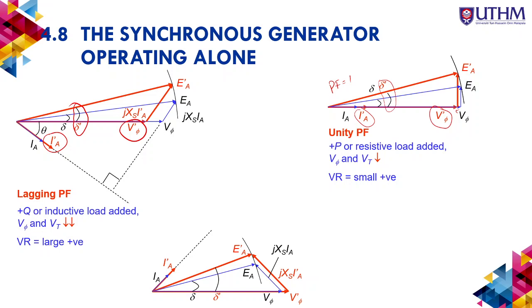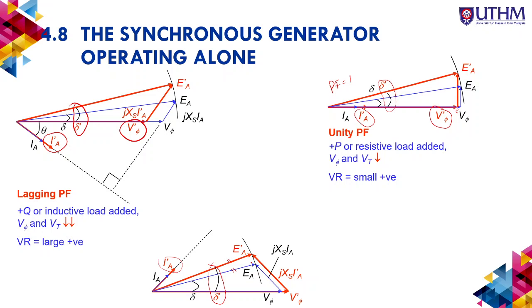But what happens when we increase the leading power factor? The system is already leading, but we increase the leading load at the same power factor. Once we increase the load, the current will increase and the angle here will increase.